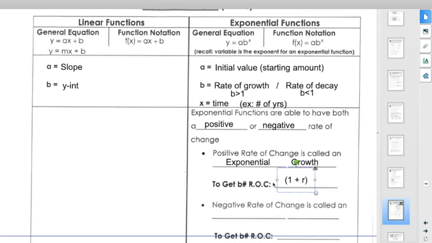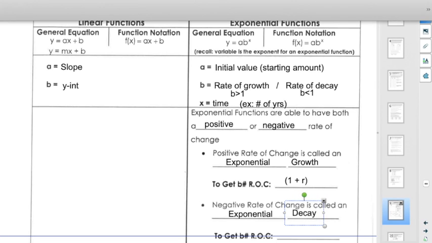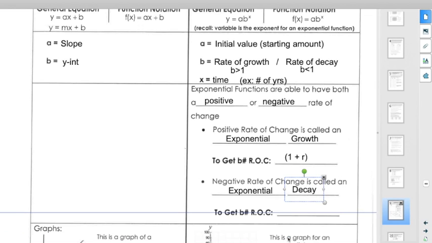Okay. Negative rate of change, that is your exponential decay. And to get your b for exponential decay, recall what I said before in the previous videos. We always start at 1, and r is like our percent. So we always start at 1. If it's below 1, we know it's a decay.